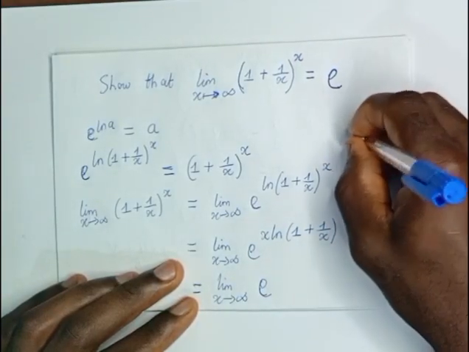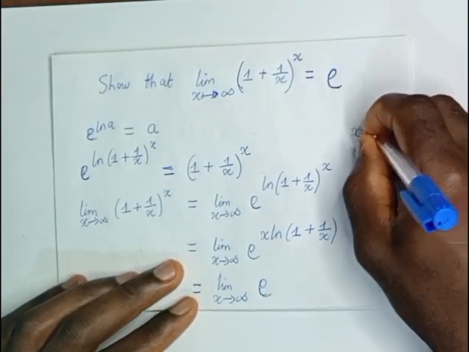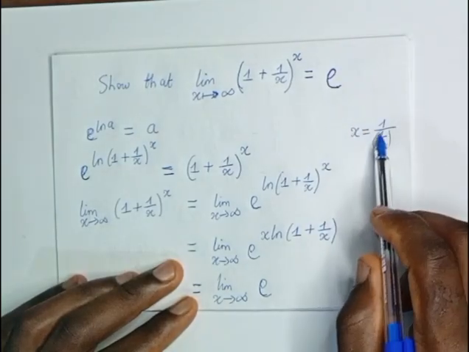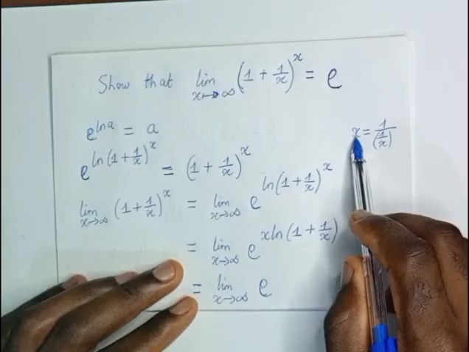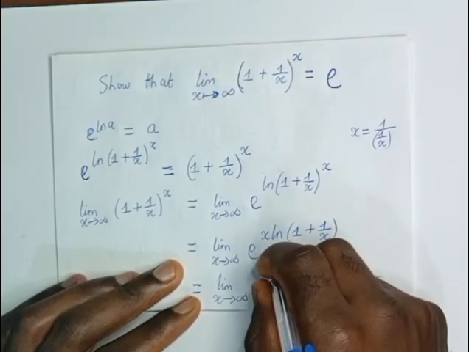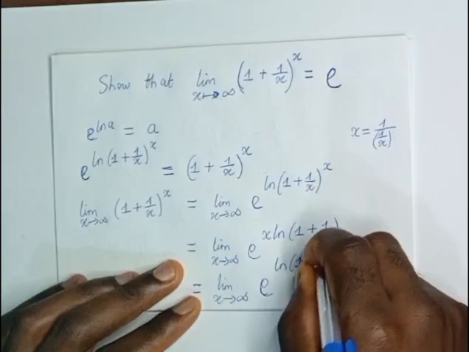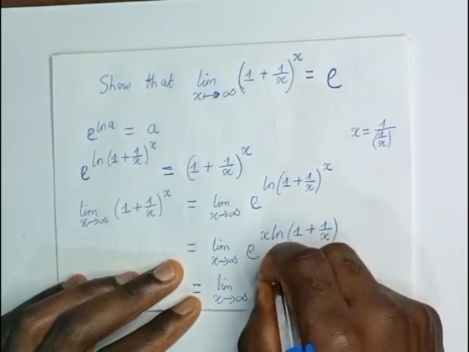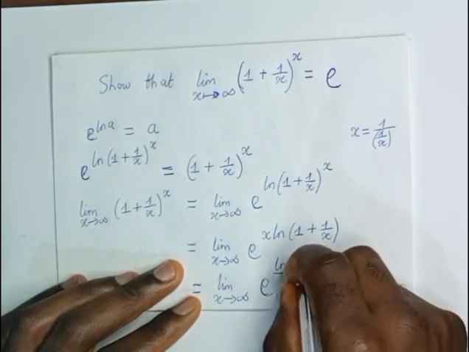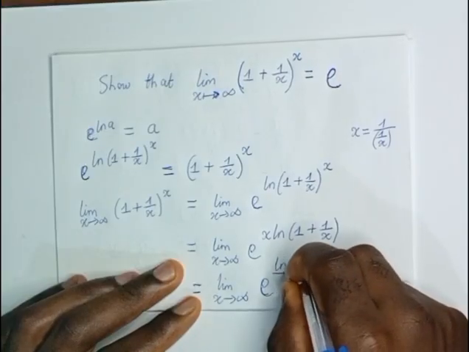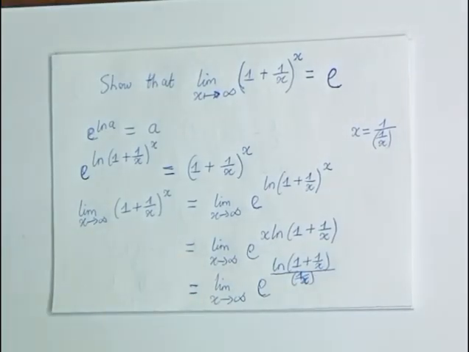Remember, you can express x as 1 over 1/x. If you take the reciprocal of 1/x, it gives you x. So this will give us the limit of e raised to the power ln(1 + 1/x) over 1/x.